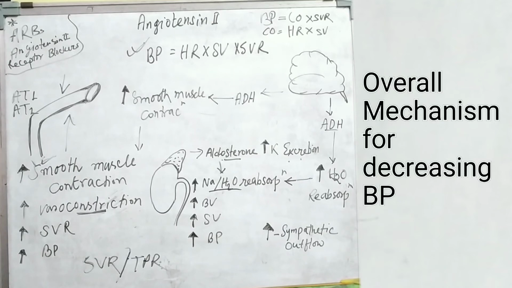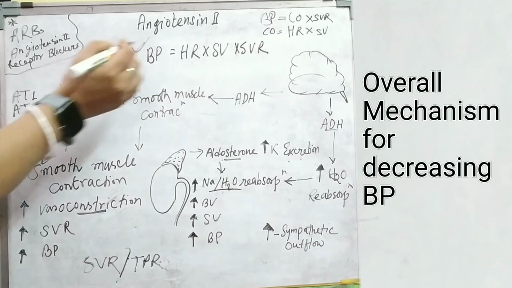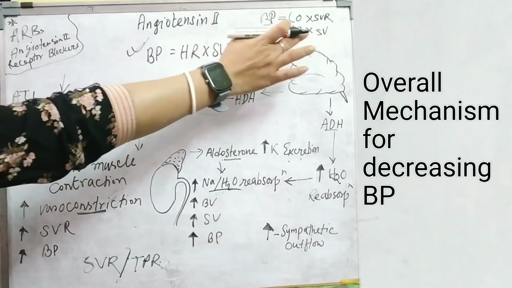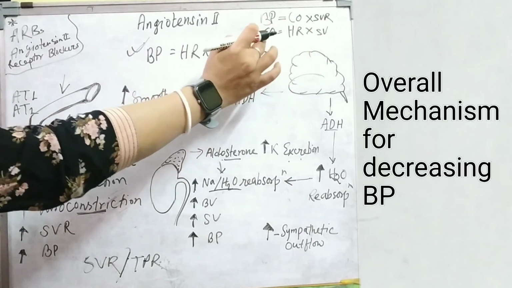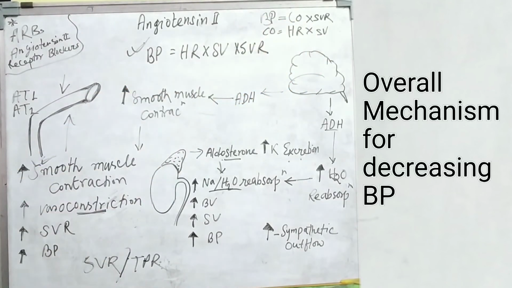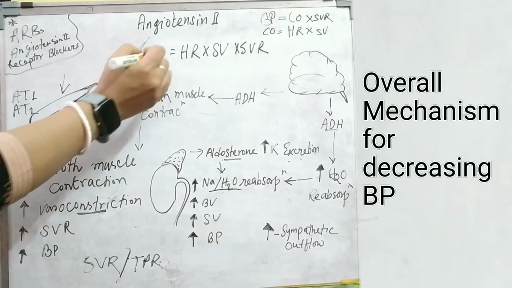If it reabsorbs sodium and water from the kidney back into the bloodstream, then the blood volume will increase. An increase in the blood volume will increase the stroke volume, which will increase the cardiac output. As we can see in the equation, an increase in the stroke volume will also increase the blood pressure.